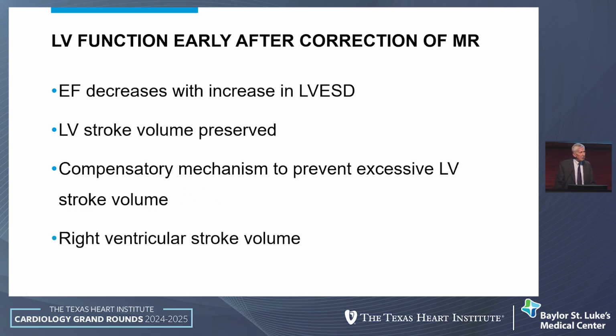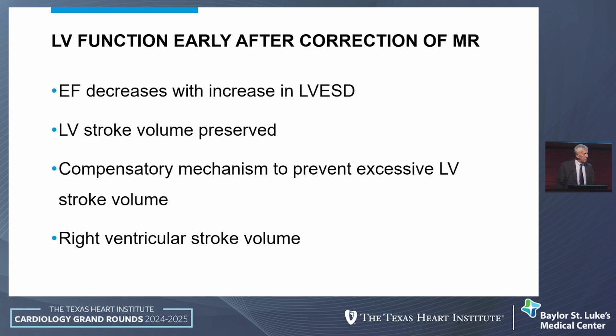Now, if you still don't believe that, think about the right ventricle. Let's say that you want that patient to come off bypass with a cardiac index of 10 and a total stroke volume of 120. How is the right ventricle going to give you a stroke volume of 120? Is it going to enlarge or is it going to empty more? I mean, think about that one.